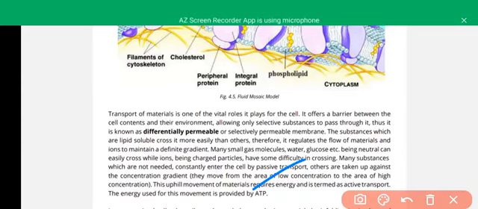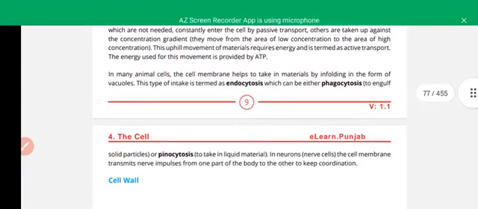Here we will also discuss the different types of transport across the cell membrane. Transport using ATP as energy is active transport, and movement in which no ATP is used is passive transport, like diffusion and osmosis. Endocytosis, exocytosis, pinocytosis and phagocytosis all use ATP, and they are active transports.